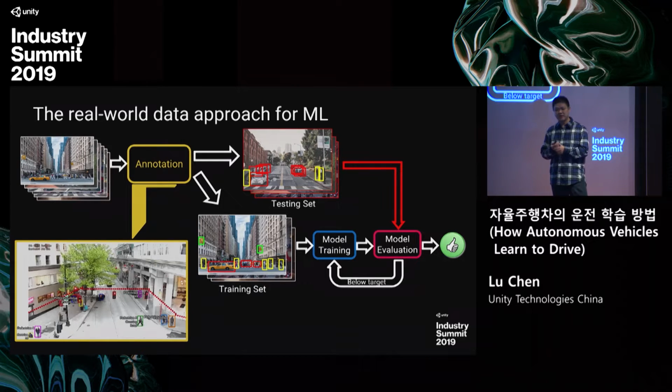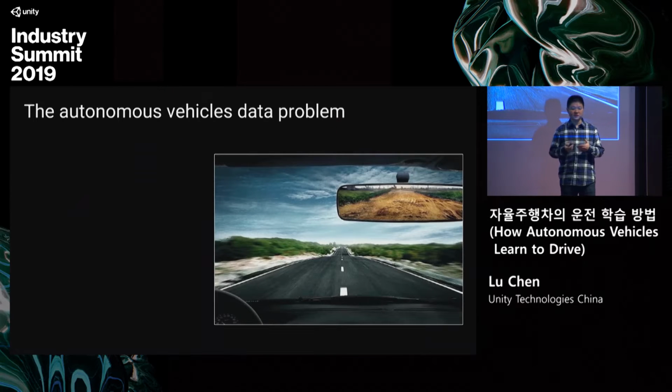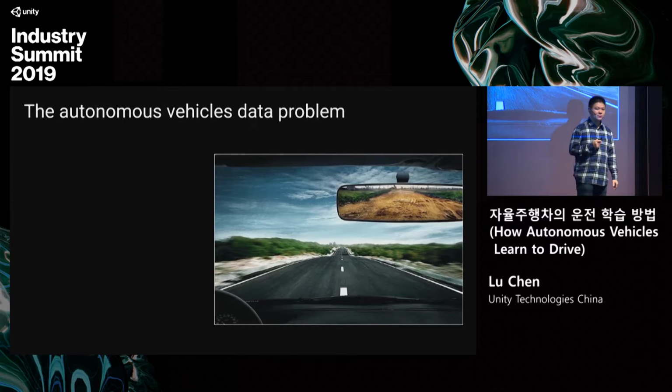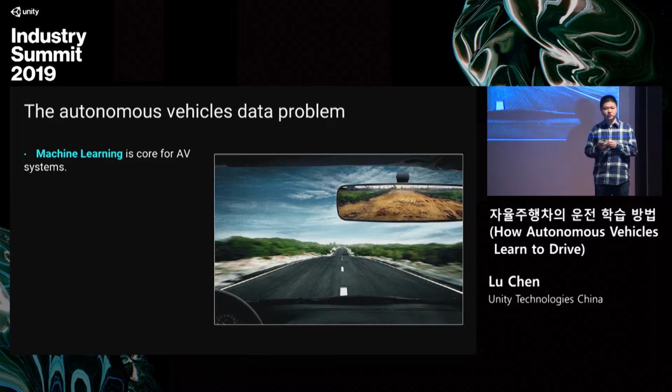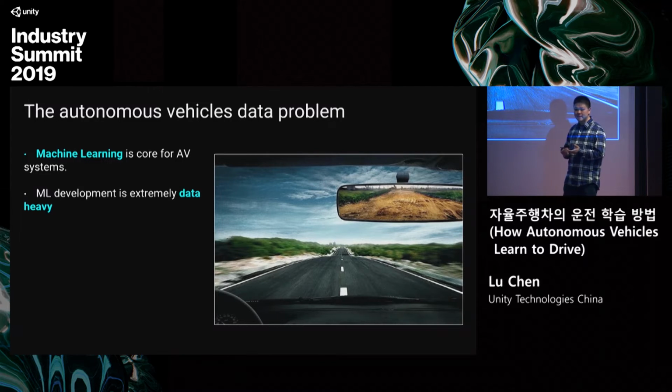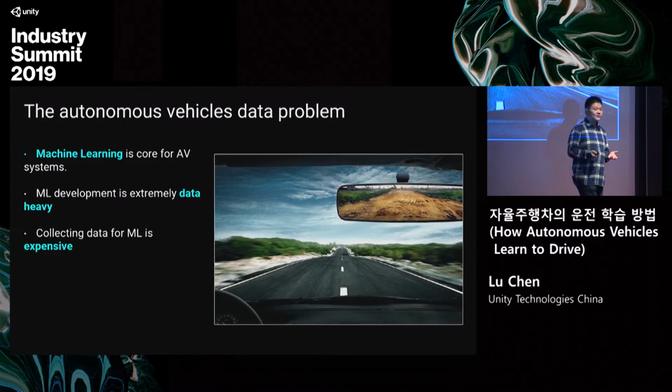As you may imagine, the annotation work is very time-consuming and depends on humans. So machine learning could be the core of the autonomous vehicle, and it depends on a large amount of data. Collecting data is expensive.